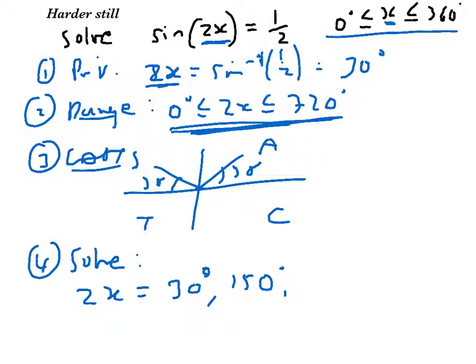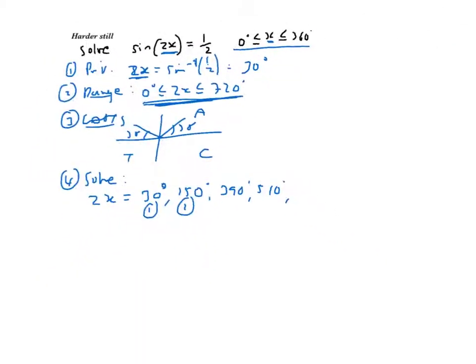So take solution 1, take solution 2. Solution 1, 30 plus 360 is 390. Falls in range, yes. Plus 360 again is 750, too big. Second solution, 150 plus 360, 510. Plus 360 again, 870, too big.